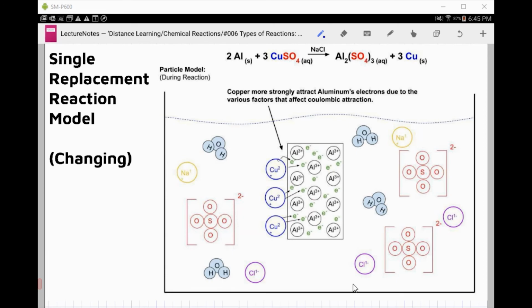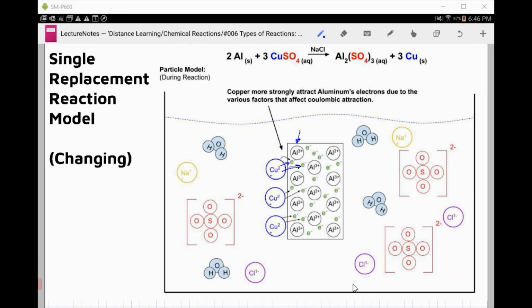So in essence, copper is going to be able to force out the aluminum, because copper here is going to attract and hold on to these electrons, which means that there's less stuff going to hold on to that aluminum 3+ ion, less things that are going to keep it there bound to the rest of the metal foil, the rest of the sheet.